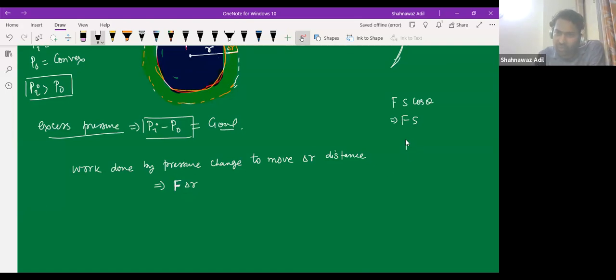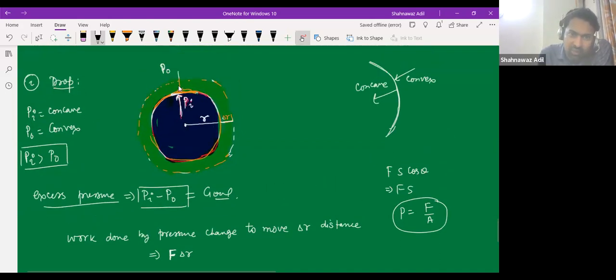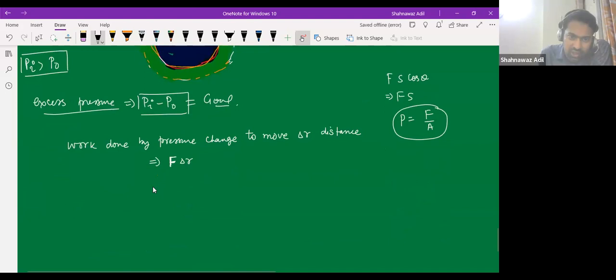So now we know the relation between this force and pressure. Pressure is force by area. And what is the overall pressure? Overall pressure is Pi minus Po, right? So this force would be Pi minus Po times the area of the sphere of this radius.